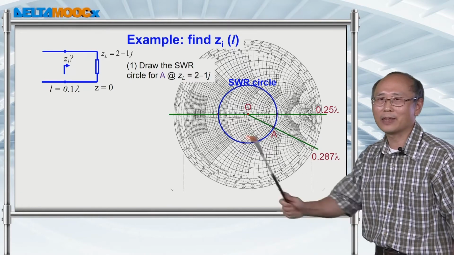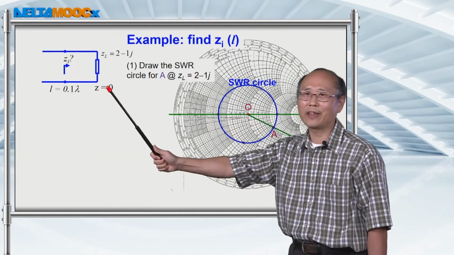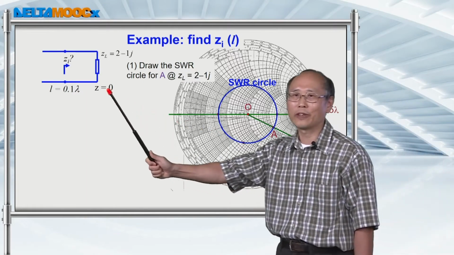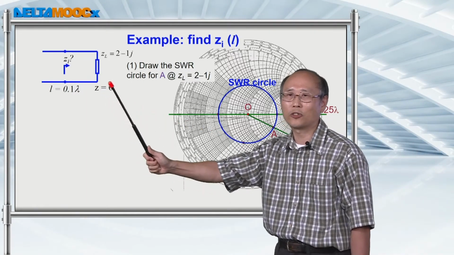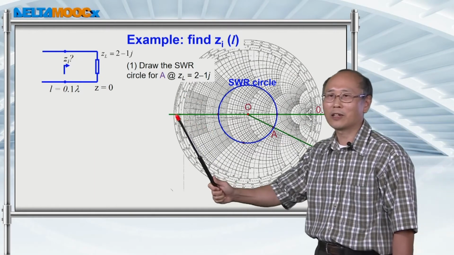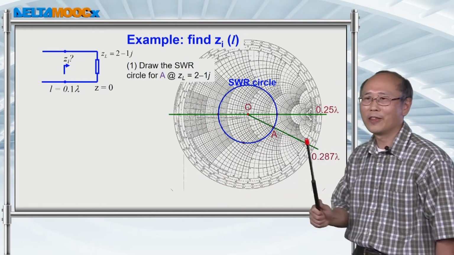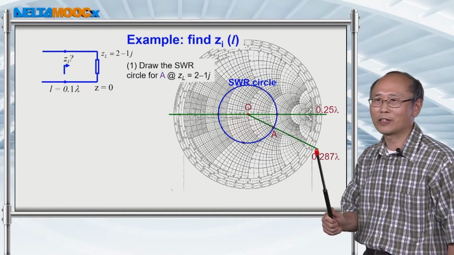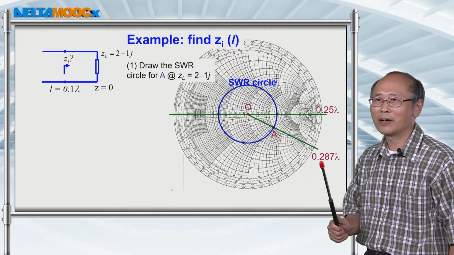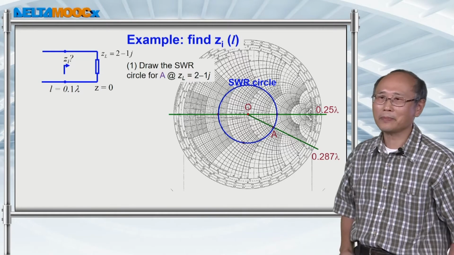That does not mean that this point has anything to do with the length on the transmission line, because this point is located at the end of the transmission line. But if you take this as a 0 point as a reference, then the Smith chart tells you that this A corresponds to a wavelength value of 0.287.